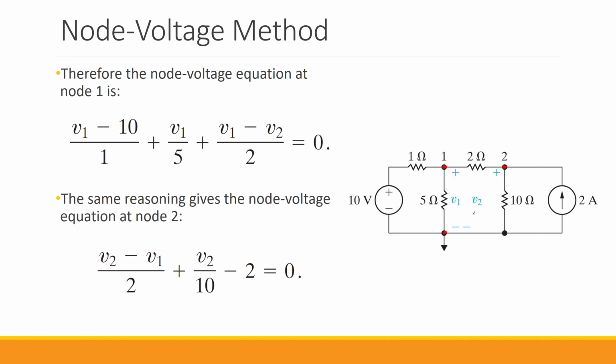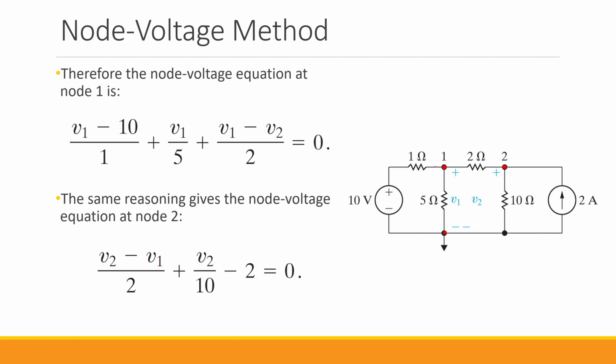So we have V1 and then we have V2. Then for these two essential nodes, node 1 and node 2, we write the KCL in terms of the currents leaving these nodes and considering the voltages at the nodes as the variables.